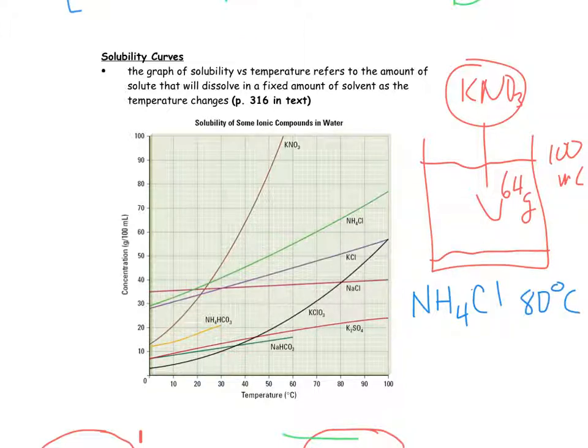I want to know if I add 80 grams in 200 milliliters, whether this solution will be saturated or unsaturated. Okay, take a minute, try this out, give the question a try, and we'll come back together and discuss.